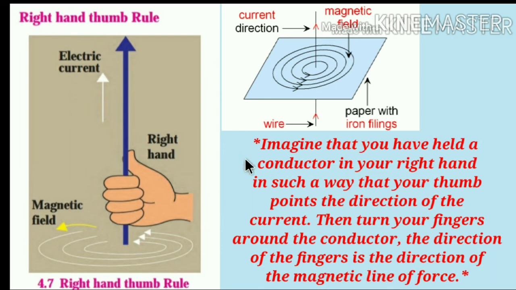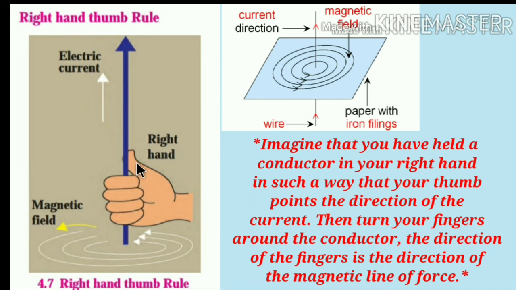Let's see the rule. Imagine that you are holding a conductor in your right hand in such a way that your thumb points in the direction of the current. So you hold this blue colored current carrying conductor in your right hand in such a way that the thumb shows the direction of electric current.